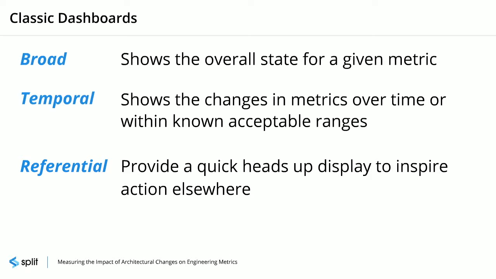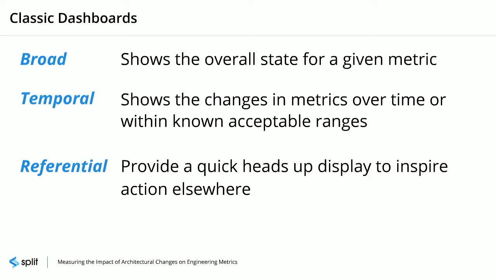First, they show that overall state for a given metric or for a set of metrics, and are limited to the scope of your entire platform. They're temporal, so anything that you're identifying is something that shows those changes over time, or maybe you have a known range that you say would be anomalous behavior, whether that be automated detection or something that you manually set.